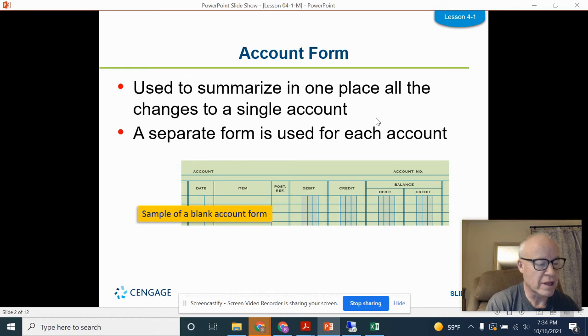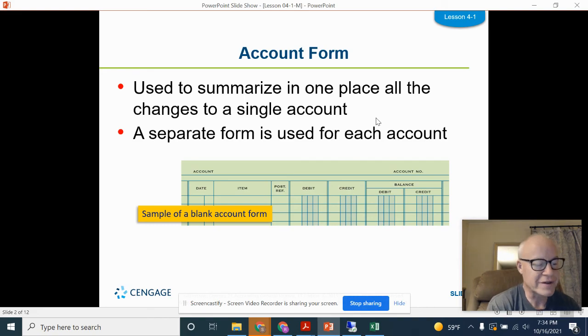And I know I said this a lot in the last chapter, but in reality, companies, even a small company, would spend the money to have a computerized system such as QuickBooks. And this blank account form is the paper version of what a T account might be that we learned in chapter 2. So this is kind of an extension of what we learned about T accounts.